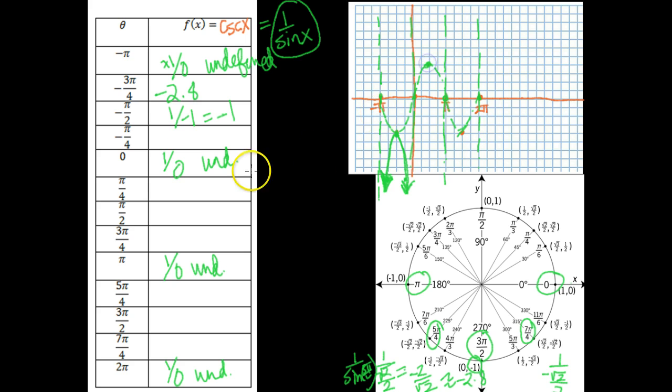Up here, if I finish these, and we'll say it's negative 2.8 approximately, pi over 4 is going to be positive 2.8. So that's going to land me up here, and this time 1, 2, 3, 4, 2.8. So it's still going to be close to being off the graph, but you get the picture.